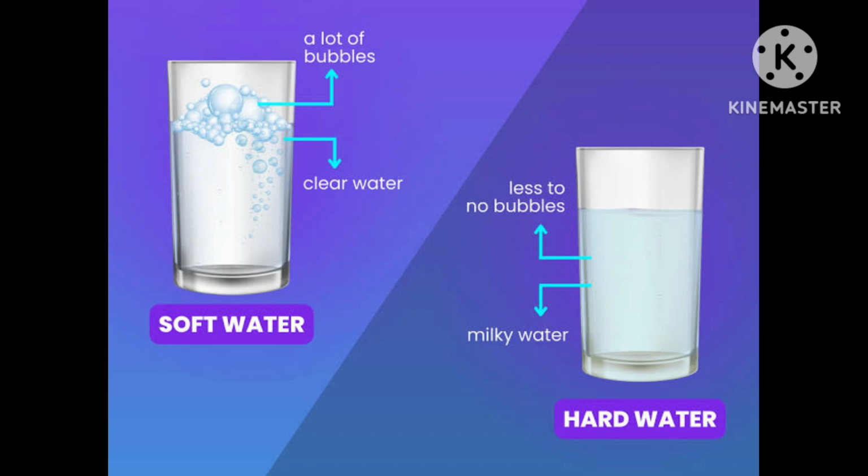During this heating, some carbon dioxide gas also comes out, because calcium bicarbonate will break into calcium carbonate plus carbon dioxide plus H2O. H2O is no problem. But calcium carbonate is insoluble and will settle down in the utensil, and carbon dioxide gas will go into the atmosphere.